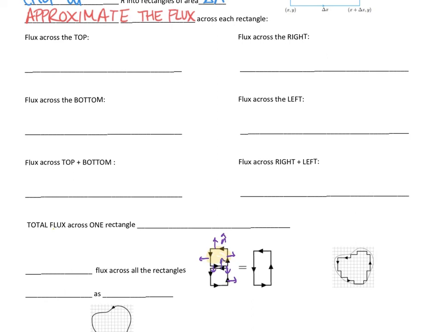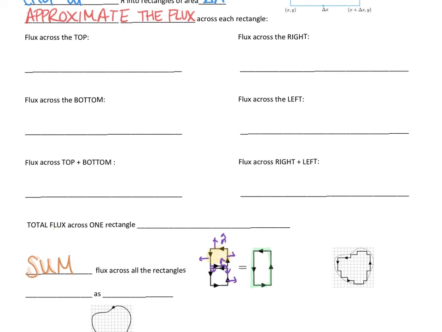So on this little line where they share in common, my outward flux should cancel, because we're going to be thinking of how much of the vector field is passing outward through the top one, and then add that to how much is passing outward through the bottom one, but those should cancel each other. And so we'll end up with the net outward flux just through this shared region here. And that's what's going to happen when we sum up the flux across all the rectangles on the inside.